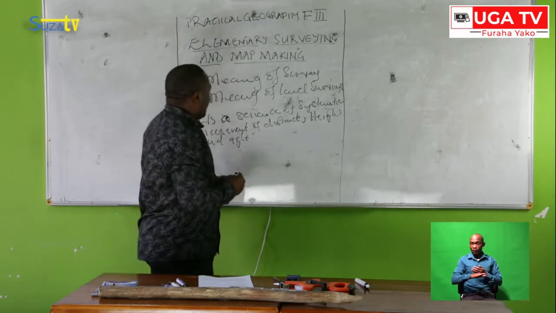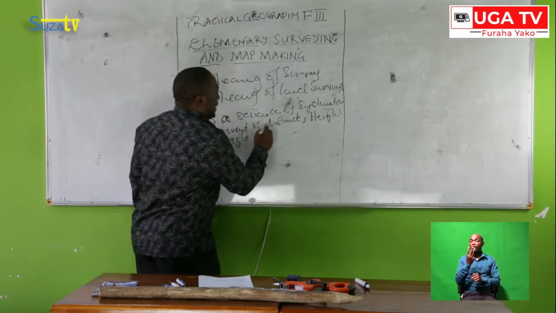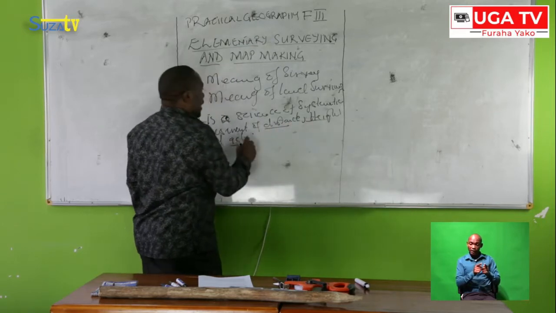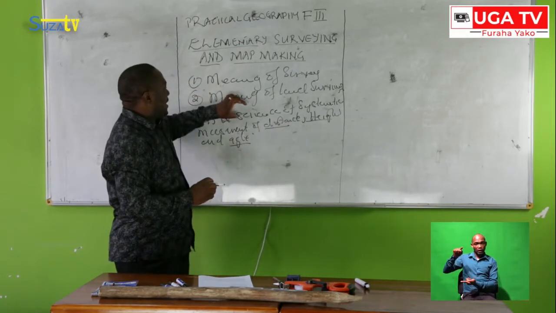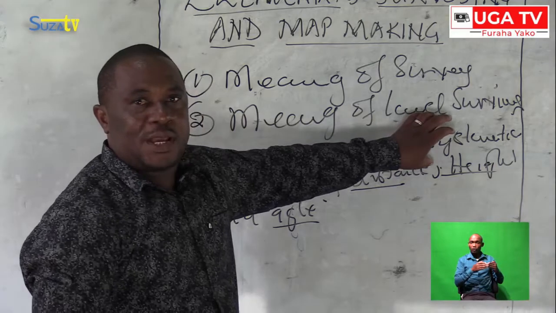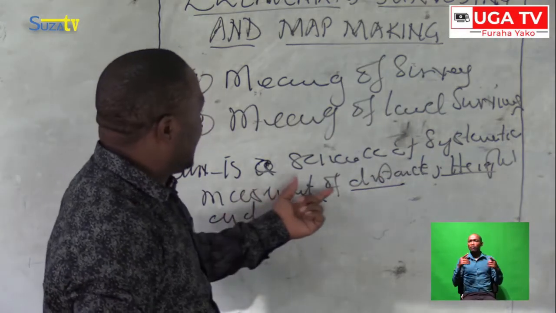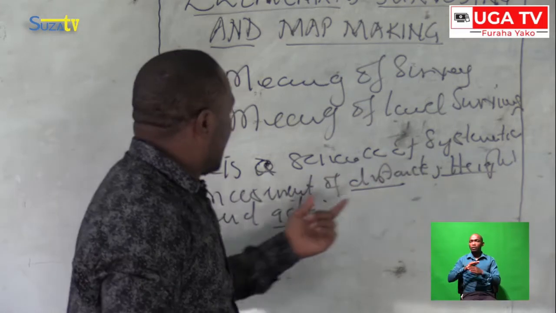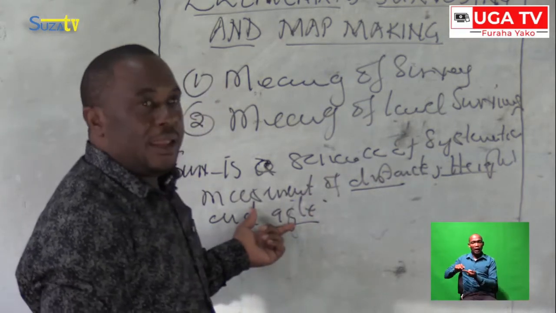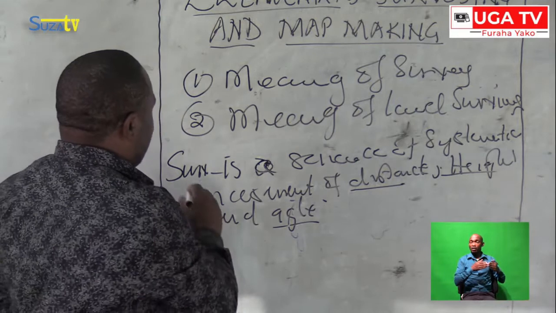So there we have three words: distance, height, and angle. Systematic means we can use different steps in order to measure distance, height, and angle. So this is a survey.